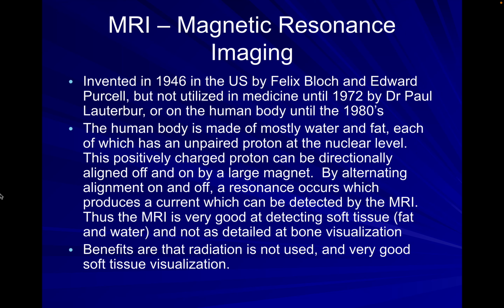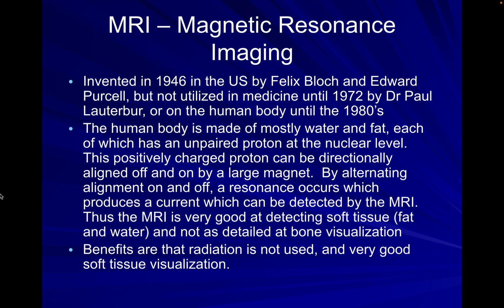As you might know, the human body is made up of mostly water and fat, and the modality works basically by having a very large, powerful magnet that alternates its alignment on and off. And what that does is produce a current by exciting the protons in the body tissues. And then as those protons come down into the relaxed state, they give off energy, which the MRI detector is able to pick up.